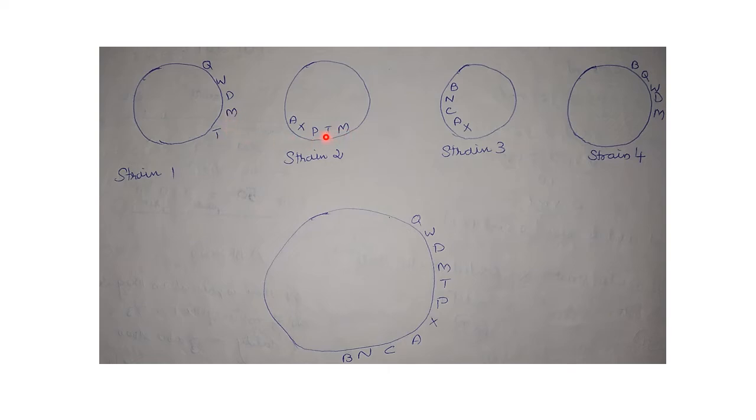So after T and M, it should be PXA. So the next is XA. XA is here also in strain 3. So after XA, you will get CNB. And in the fourth strain, you have got the B portion along with QWD and M that belongs to strain 1. So the order of this particular gene is QWDMTPXACNB.